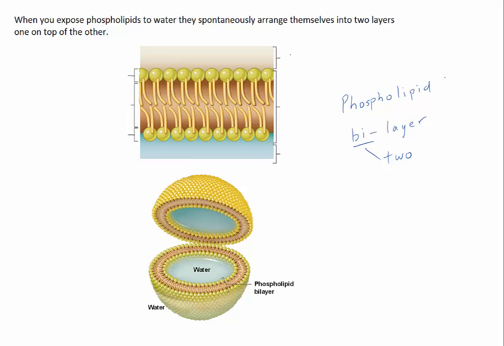So we know that we have water on the outside of the cell, and we know that the cytoplasm contains a watery fluid.